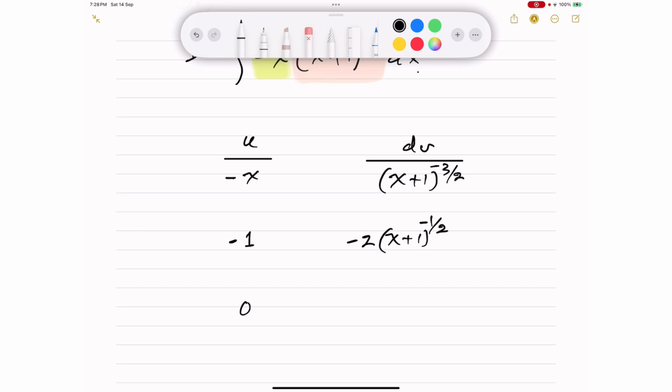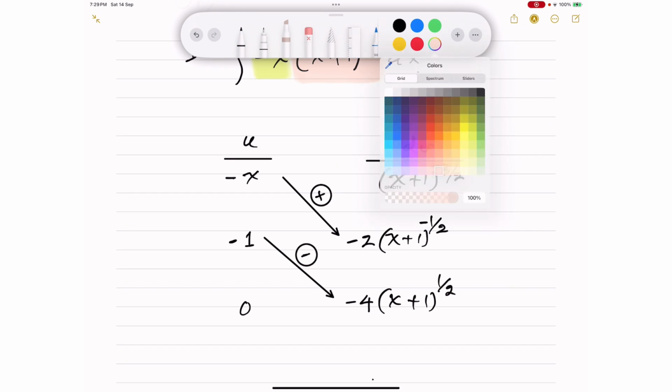And what is the integral of this again? (x+1) to the power half, divided by half, so that's going to give us negative 4 here. And then I draw arrows, and I alternate my sign. So that's positive here, and then negative here, and that's my table.